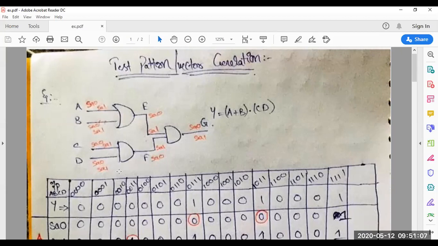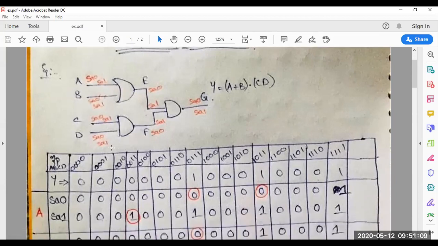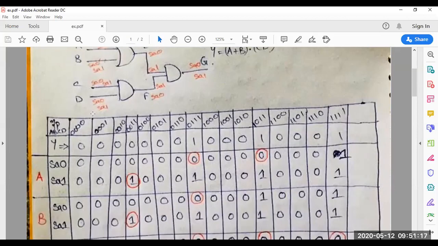Before going to that, without any faulty circuit, I've taken the output of the circuit, with all 4 inputs from 0 to 15 in binary notation, in a truth table.